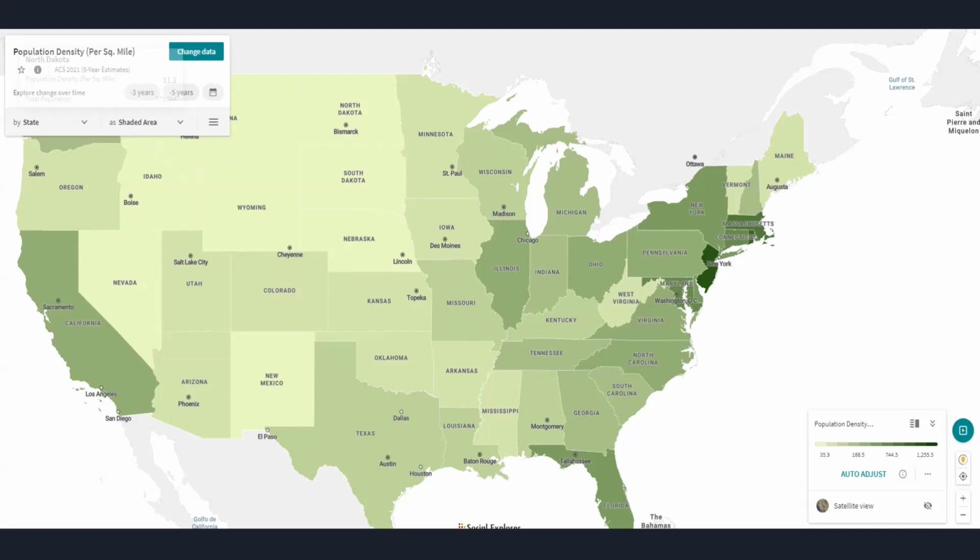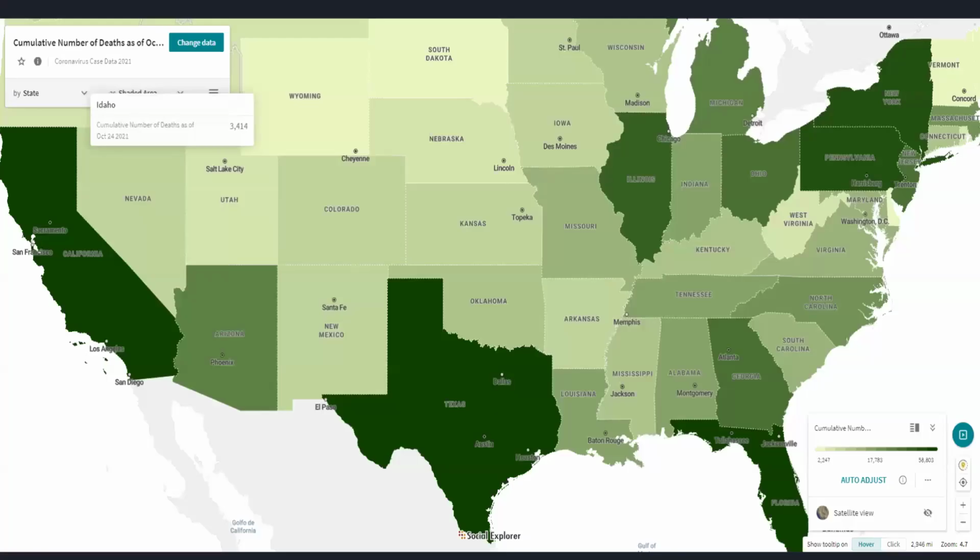When we look at the third map, which is the cumulative number of deaths from COVID-19 in 2021, you can see that New York, New Jersey, Pennsylvania, California, Texas, and Florida are the major states that have high death rates in 2021.